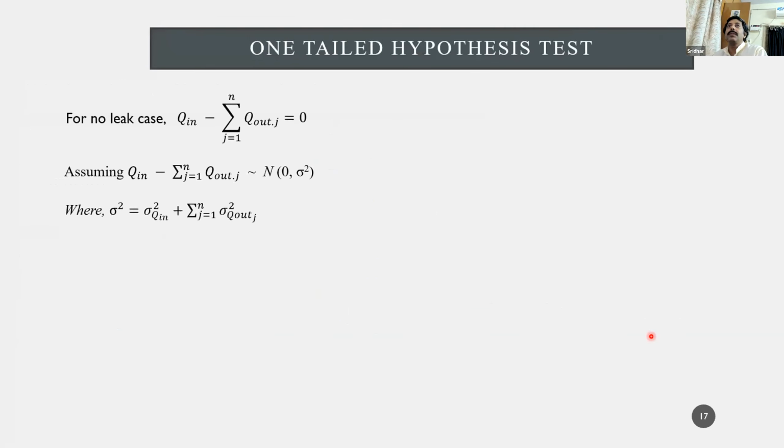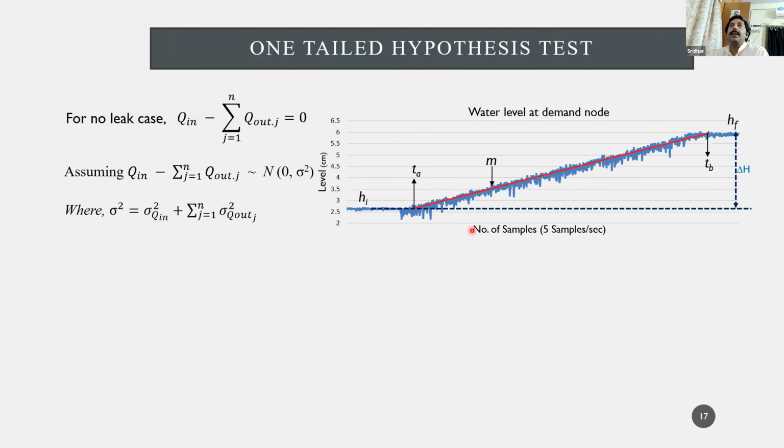So we used a one-sided hypothesis test. For those familiar with statistical testing, this is the null hypothesis where there is no leak: whatever is coming in is equal to out, and therefore you expect this difference to be a normally distributed random variable. So we have some idea of the statistics of this so-called residual. All you need to bother about is what is coming in and what is going out, and whether the residual crosses a certain threshold.